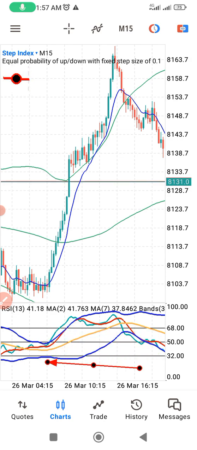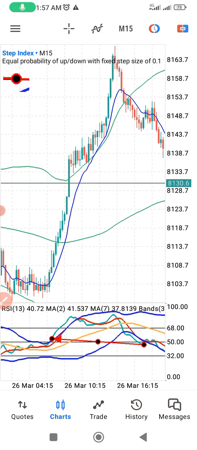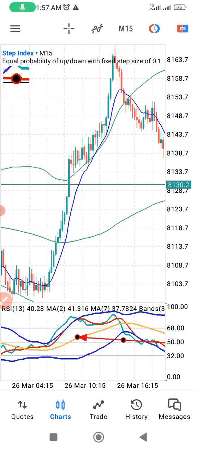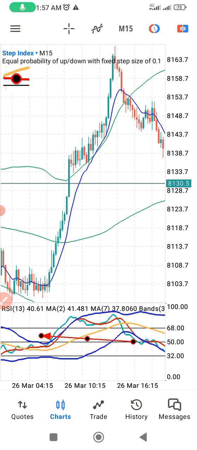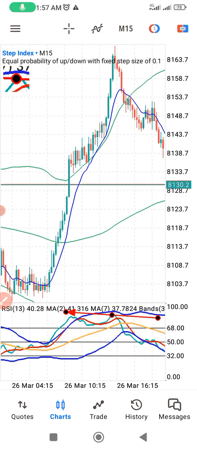The TDI is what you are seeing on my indicator window presently. It has a blue line, a green line, a red line, and a yellow line. So basically we have a combination of four indicators, which comprises the TDI, the Traders Dynamic Index.